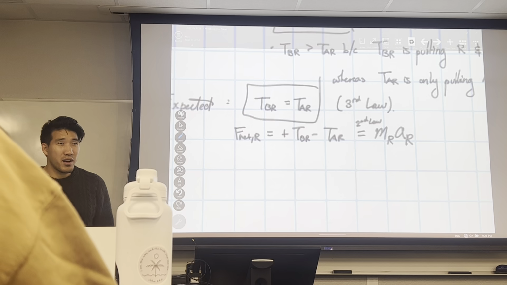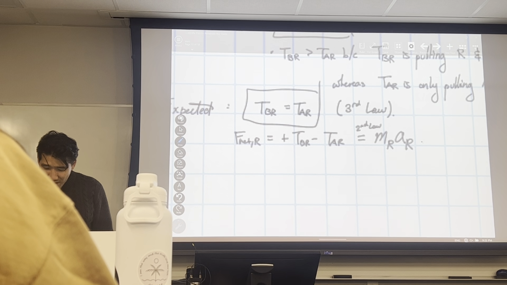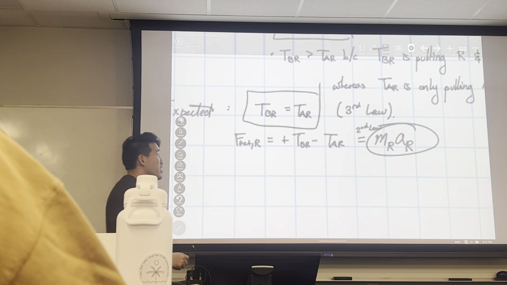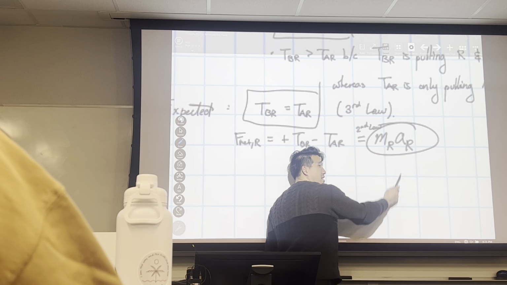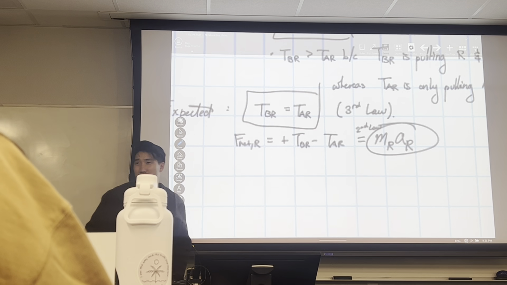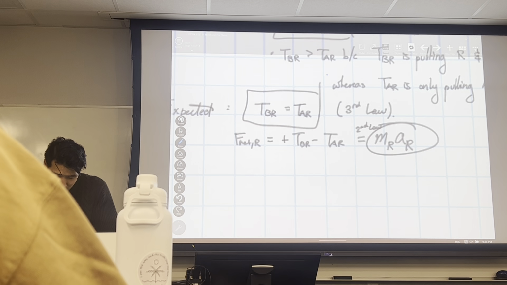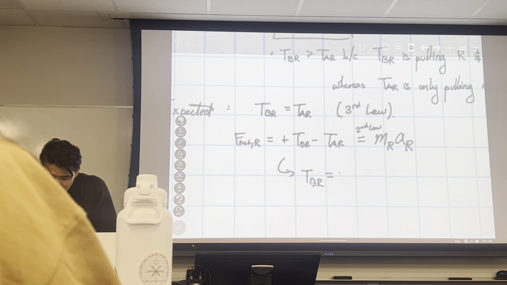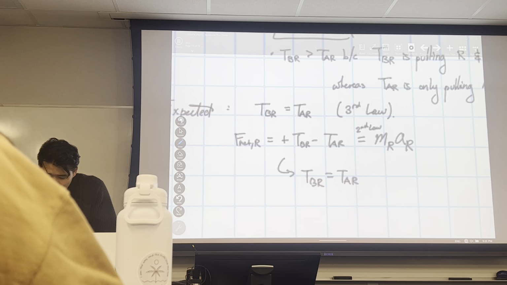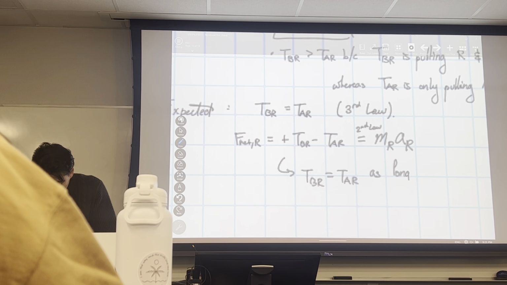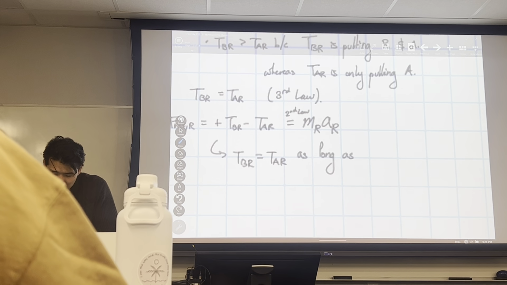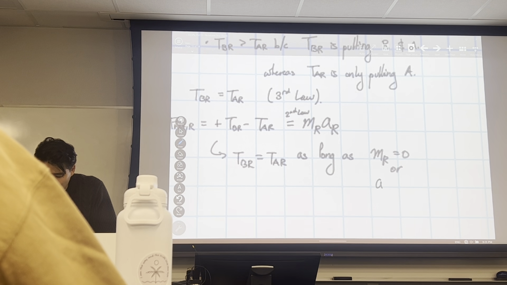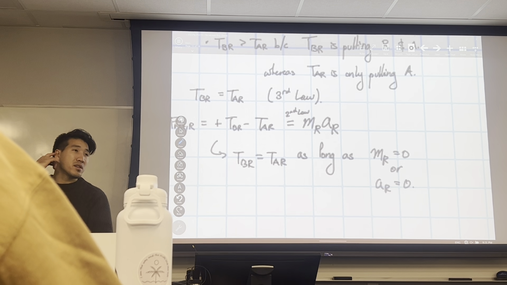TAR and TBR are equal as long as this right-hand side is equal to 0. So here, TBR will equal TAR as long as either the mass of the rope is equal to 0 or the acceleration of the rope is equal to 0.